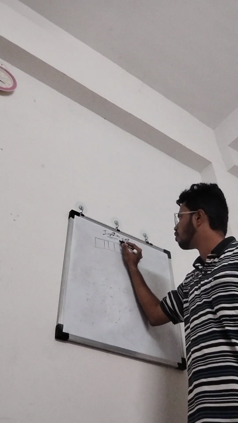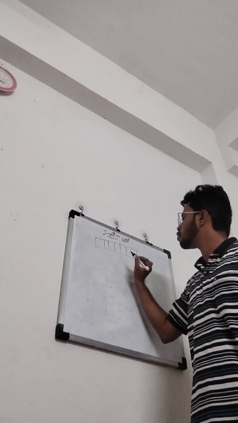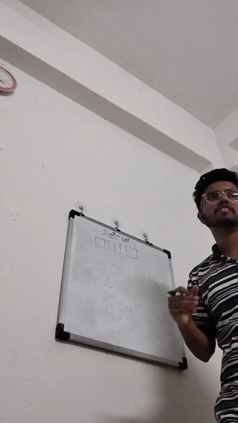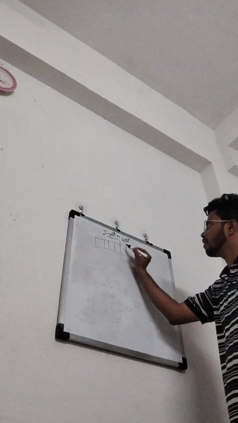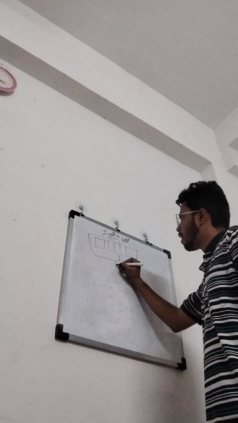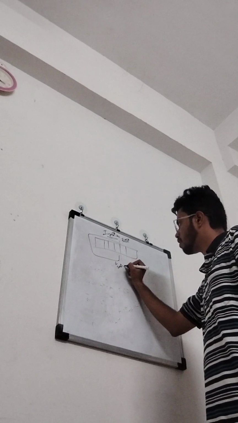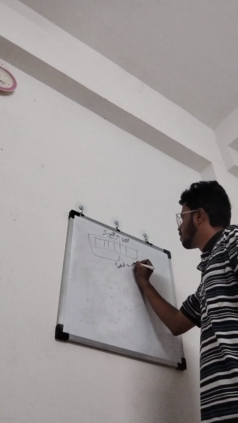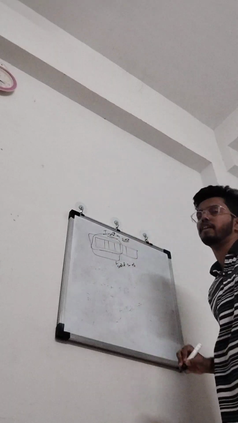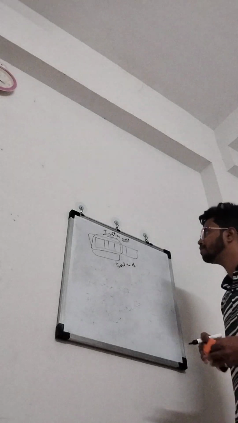Suppose the fourth element of this array has come in your process, then till the fourth element your array is sorted with these four elements only. Fine. Okay, so then let's get into the mechanism.